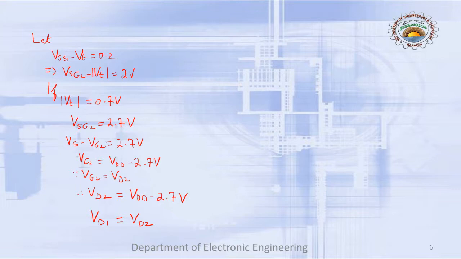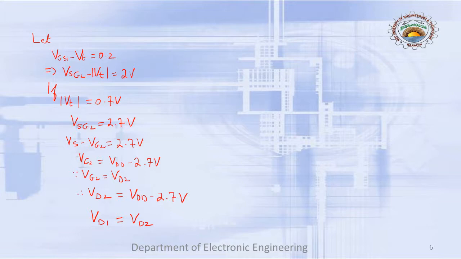So let VGS1 minus VT, the biasing of the common source transistor, be equal to 0.2, which implies that VSG2 minus VT is equal to 2 volts.